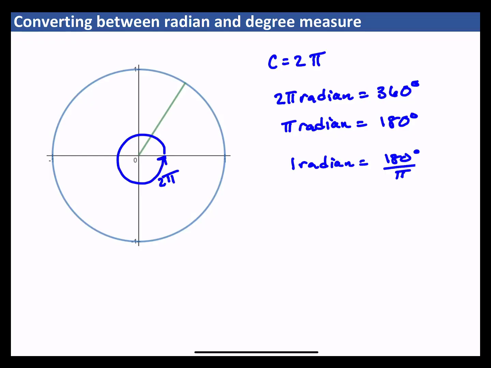We can also think about converting 1 degree into radians. So if we look again at this relationship that pi radians equals 180 degrees, we can divide both sides by 180, and we see that 1 degree would equal pi over 180 radians.